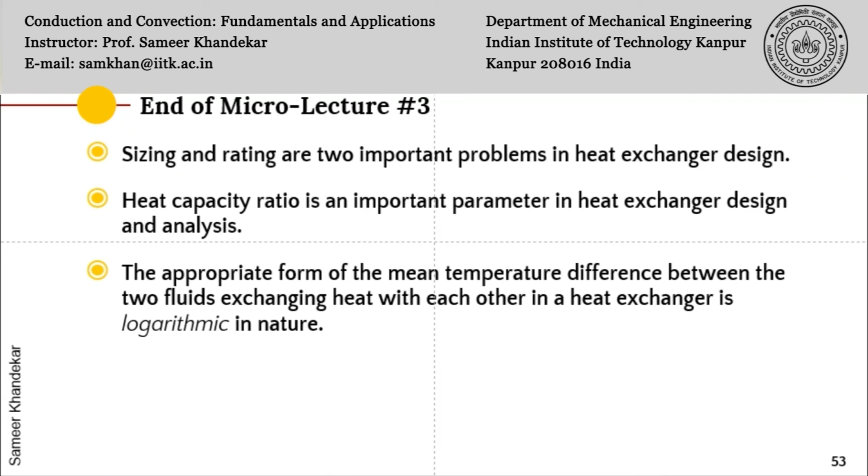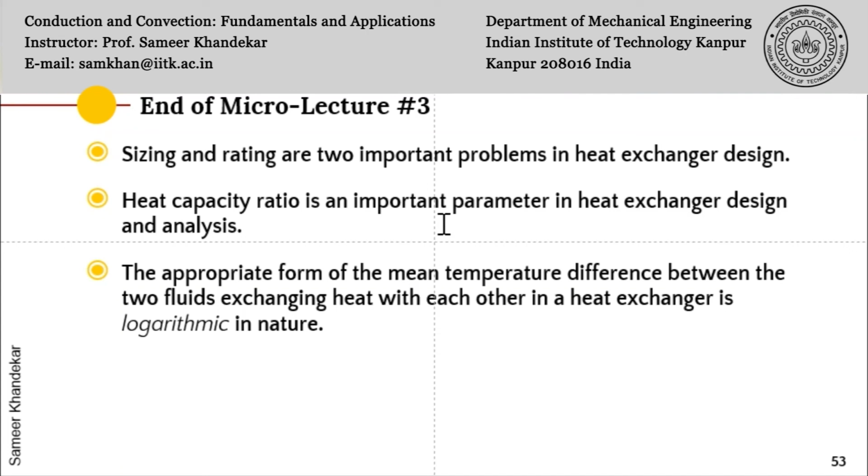With this background, we will now start the LMTD and the NTU effectiveness methods, understanding them. What we have understood in this lecture is that sizing and rating are two important problems in heat exchanger design. The heat capacity ratio is also a very critical and important parameter for analysis, and we will continue to use it in both the methods.